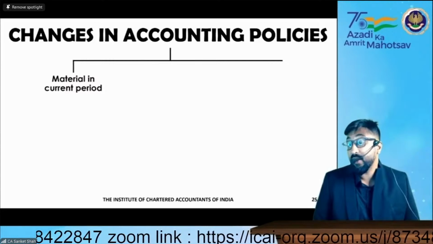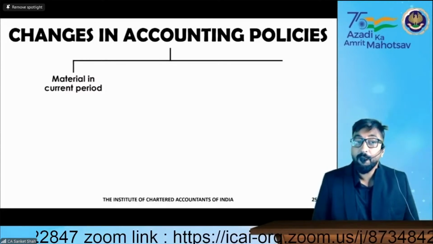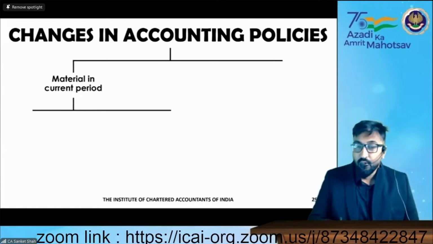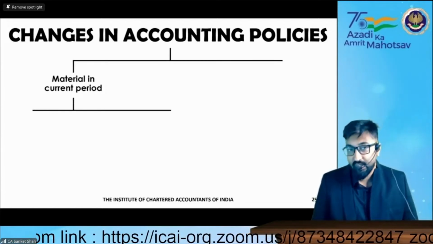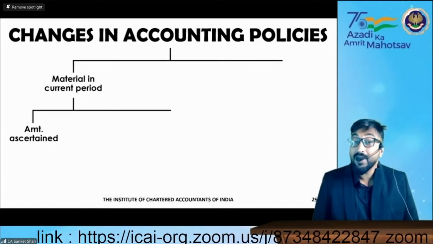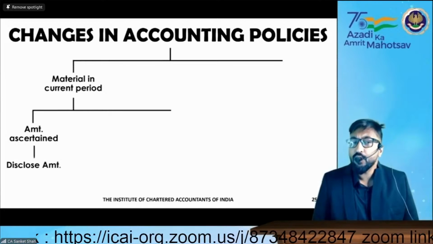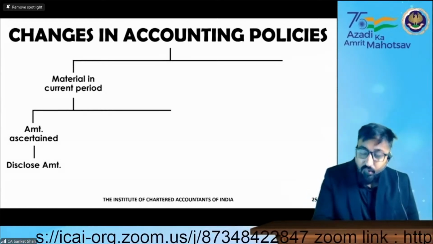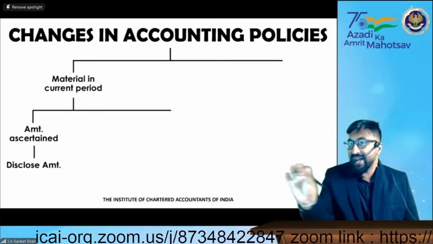Now, a very important point. If the change is material in the current period, the amount is going to change and the amount is ascertainable, then you should record that due to this change, my profit is going down or up by so many rupees.